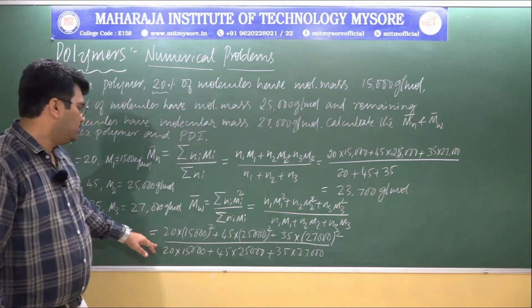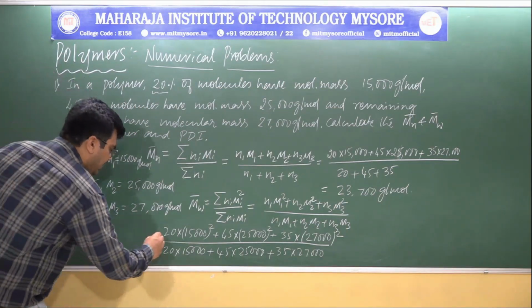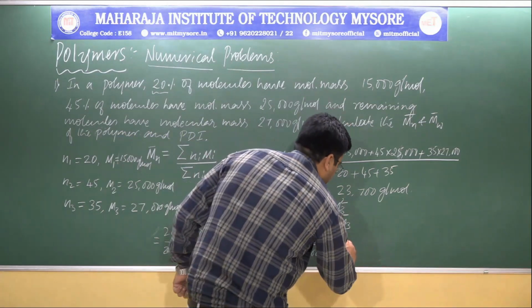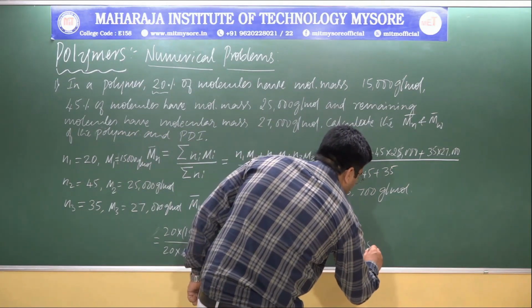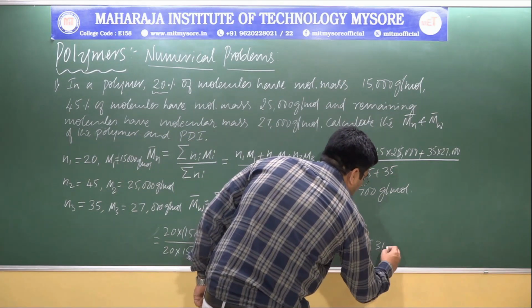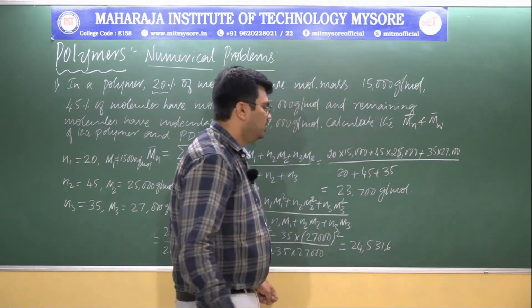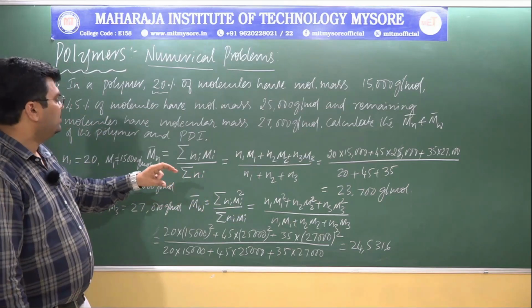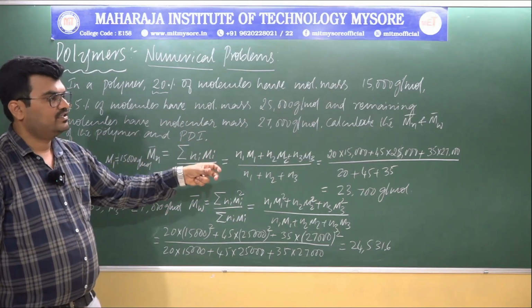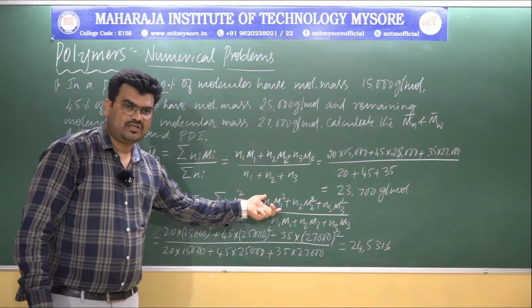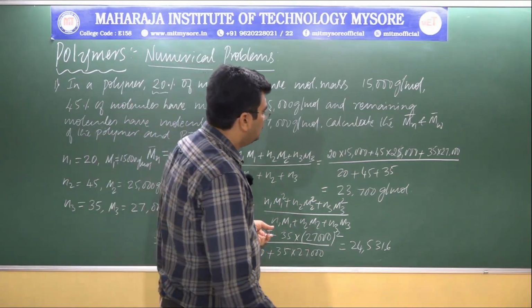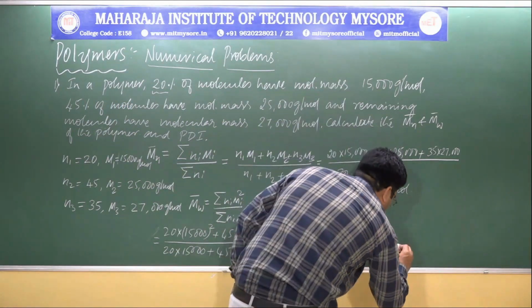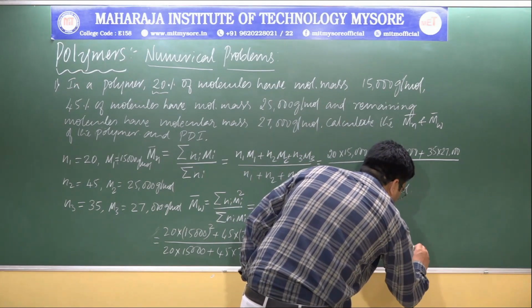If you do the simplification and calculate, you are going to get the answer, that is around 24,531.6. So in this simple way, you need to calculate the weight average molecular weight. And don't forget to write the unit, and that is gram per mole.